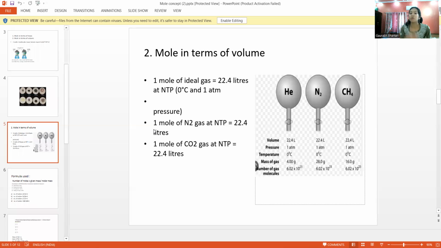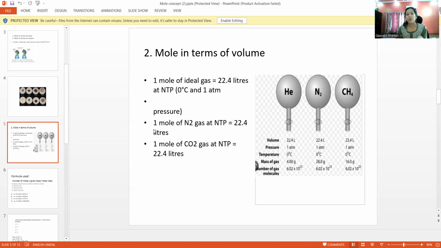So, if we have 1 mole of helium, nitrogen, or methane at NTP conditions, then their volume would be 22.4 liters. As you can see in the figure, their molar masses are given, but the number of gas molecules would be the same, right?